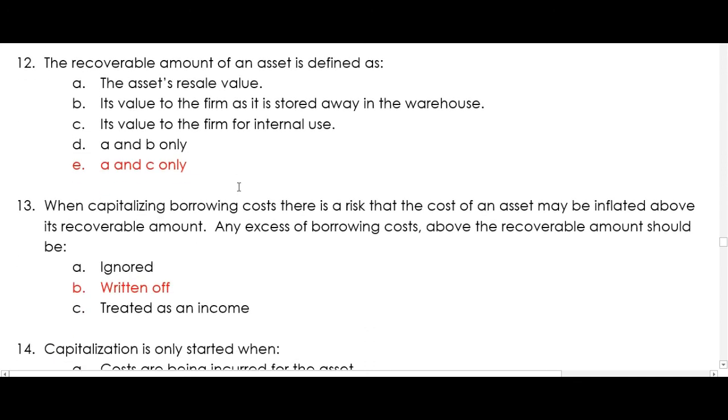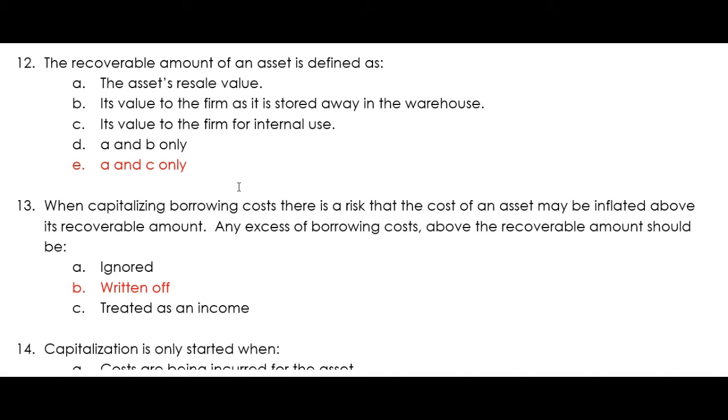12. The recoverable amount of an asset is defined as the asset's resale value, its value to the firm as it is stored away in the warehouse, its value to the firm for internal use. Okay, the answer here is letter E. Yung letter A, yung asset's resale value, that's actually the fair value less cost to sell.